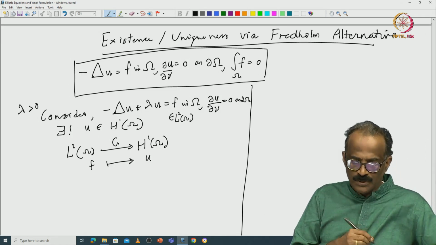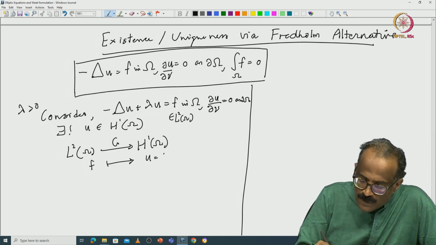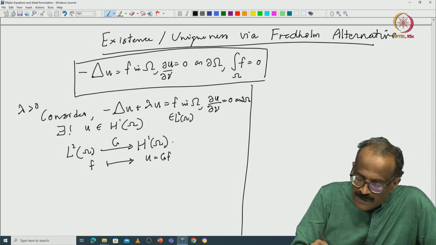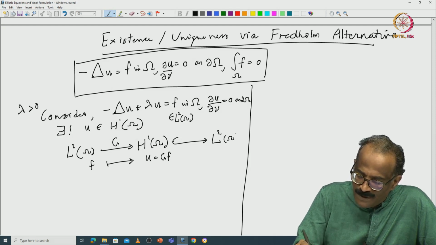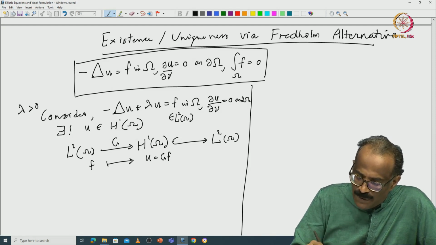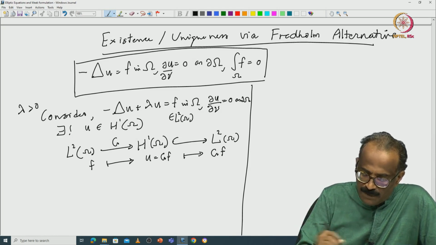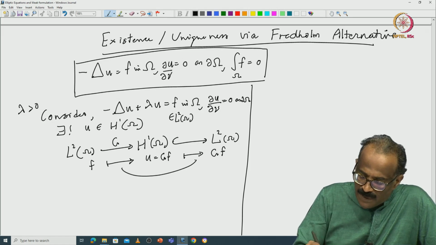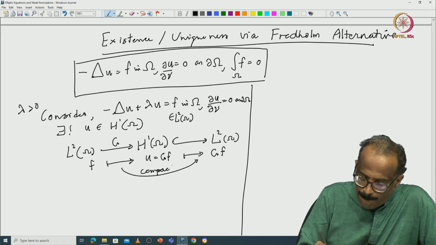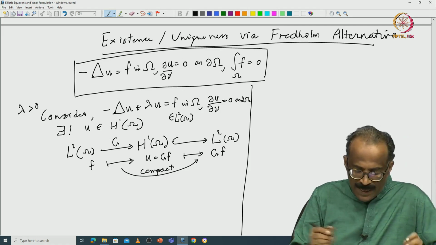So G f equals u, and H1 is compactly contained in L2 of omega, and the identity map going from u to G f is compact. And what is the meaning?